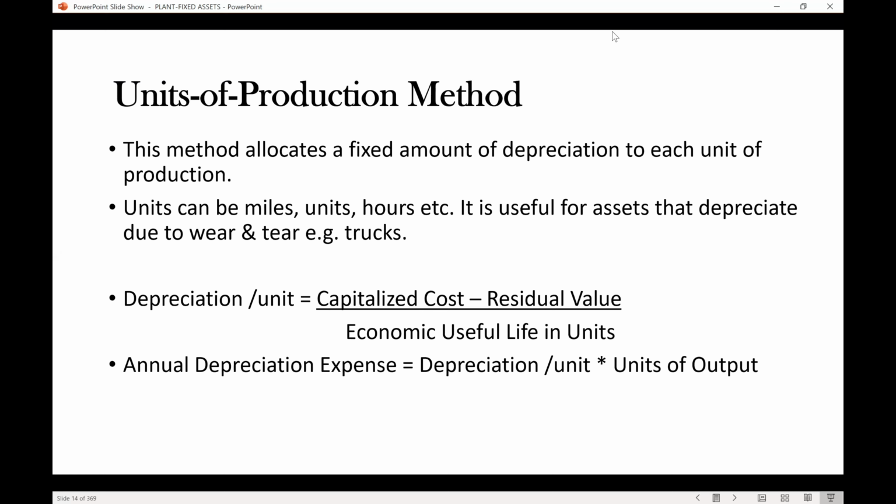Every year you'll have a number of units of output that you expect from this asset. So once you've calculated your depreciation per unit, in year one, you multiply that by the units of output you should get, and you continue that every year. So that's the units of production method.